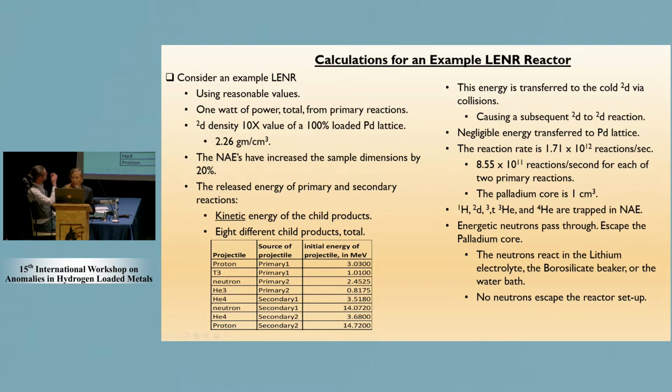For 1 watt of power from the primary reactions, the reaction rate is 1.71 times 10 to the 12th reactions per second. Charged child products stay in the NAE, but neutrons do not. I will discuss the fate of these escaped neutrons toward the end of the presentation, after I calculate the possibility of a chain reaction.